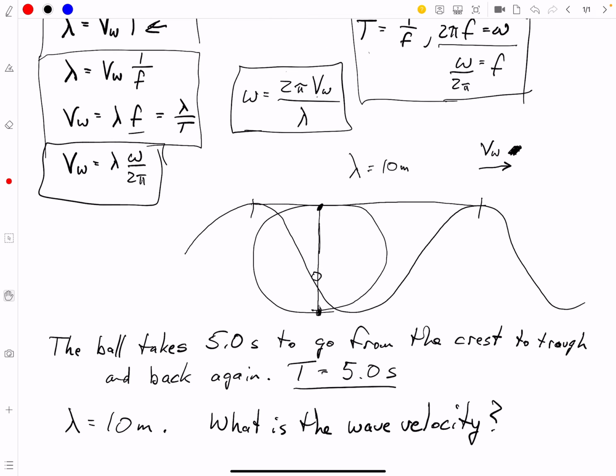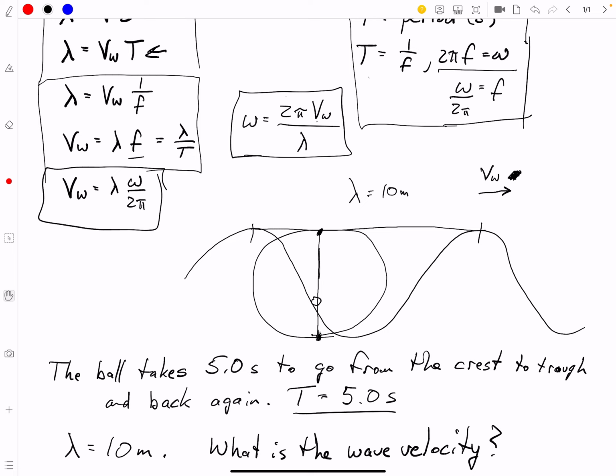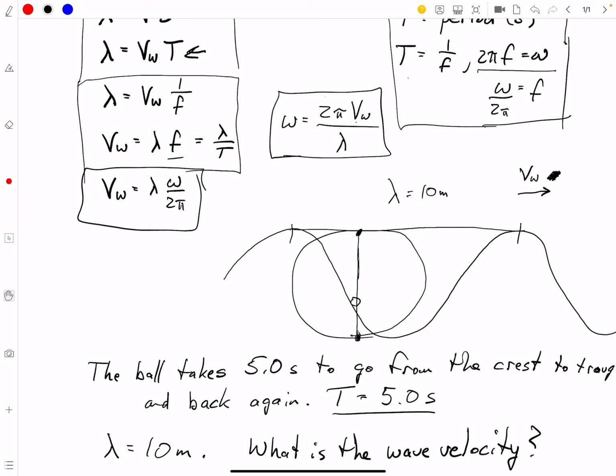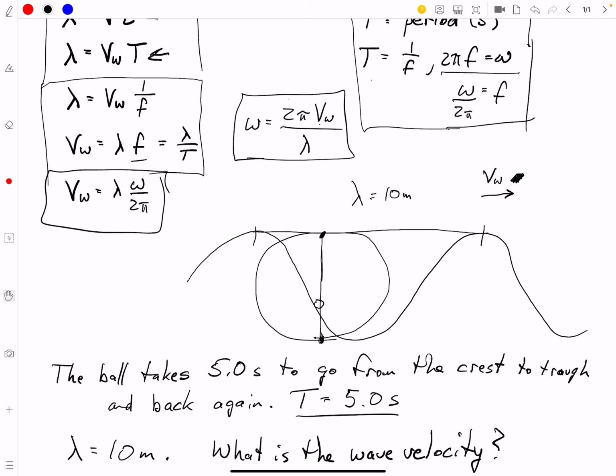And the wave velocity, we're going to want to use this equation right here, and this part of it, okay? Because we know lambda and we know t. So that'll give us our wave velocity.